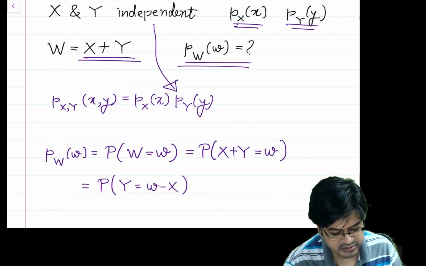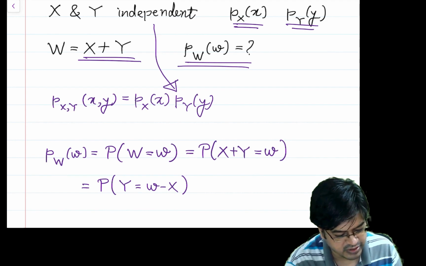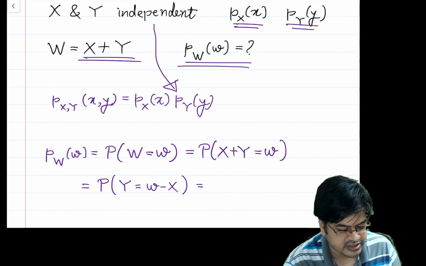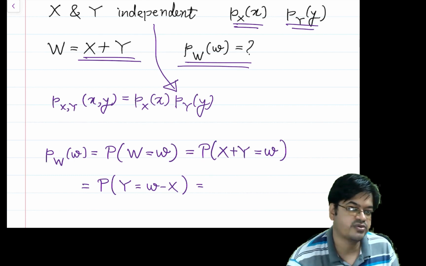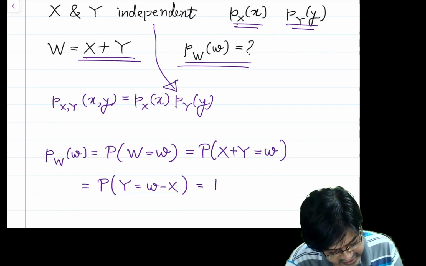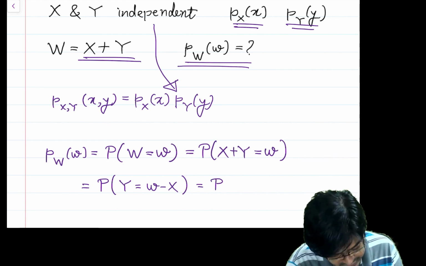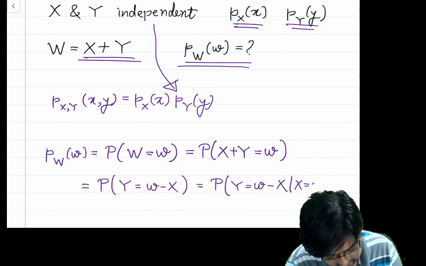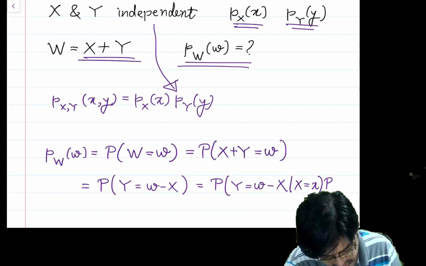There is no problem in this because I am just pushing X from the left hand side to the right hand side. Now I can use conditioning because on the right hand side I don't want the random variable to play any role. So in that case, what will happen is I will consider Y is equal to w minus x given X is equal to x, into the probability of X is equal to x.